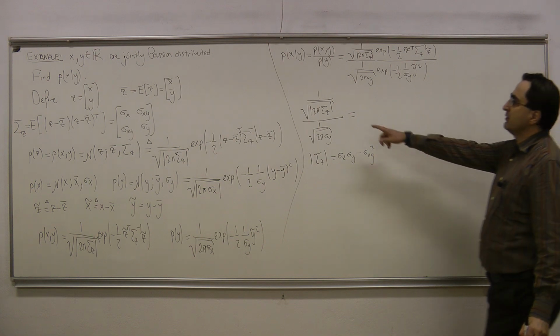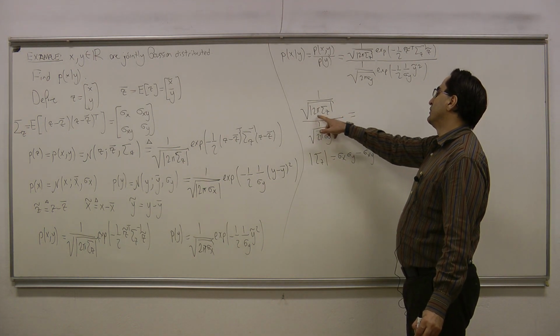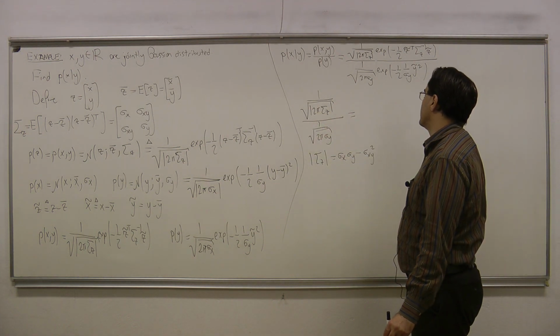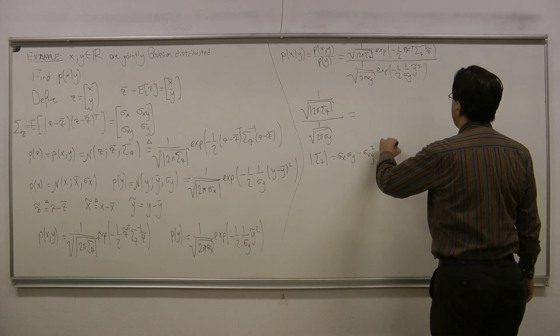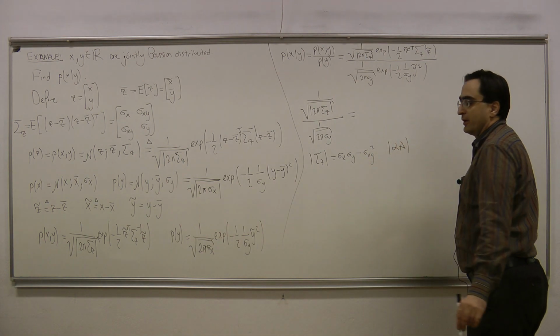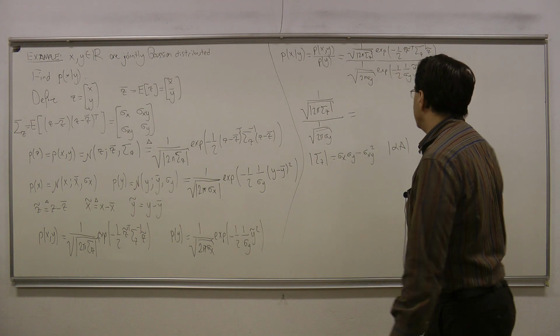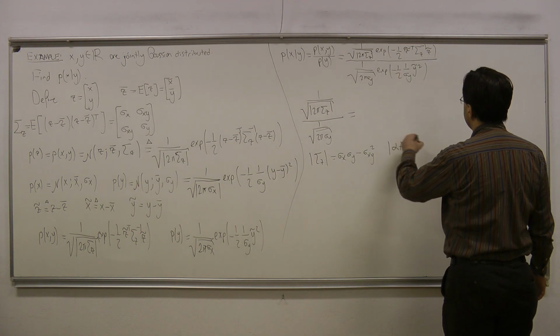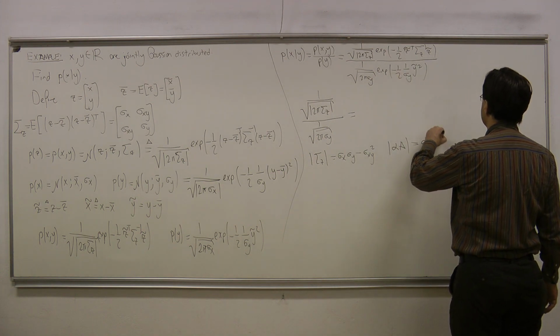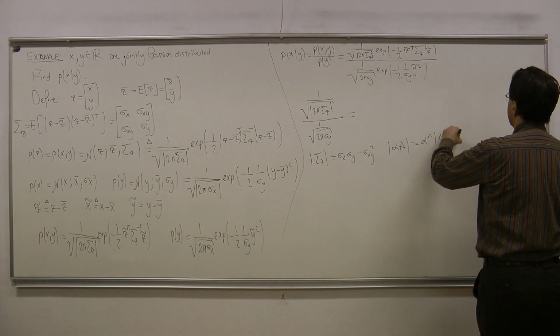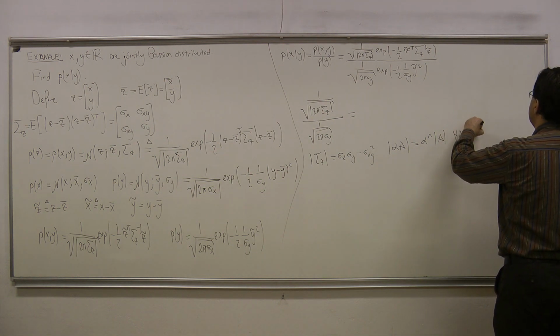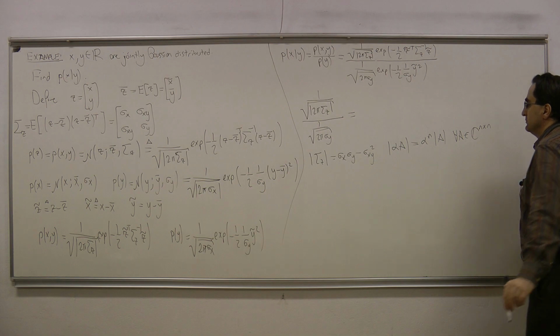But here I need the determinant of 2 pi times sigma z. We know that if I multiply any square matrix with a scalar alpha, determinant is multiplied by alpha to the n. Okay? This is true for all A in C^(n by n).